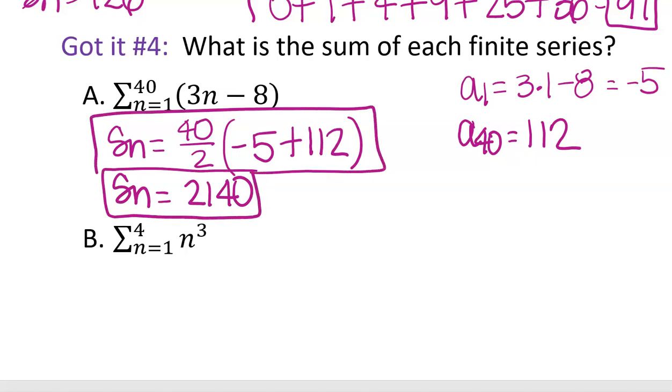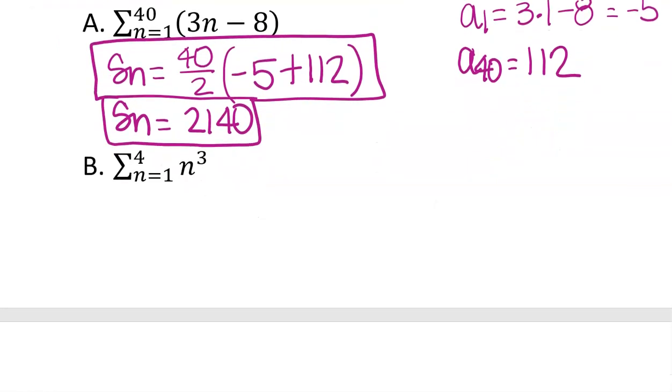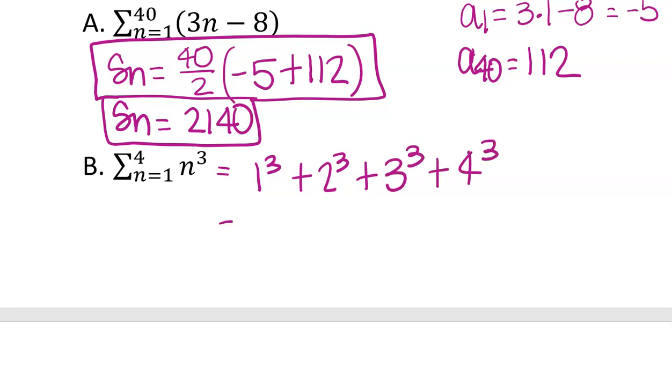Make sure you use your formulas and plug them in accordingly. For this one, this is a short enough little series. Let's just write them down. So the first time through, we're going to plug in a 1. We're going to cube it. I'm going to flip up to the next counter, 2 cubed. The next counter would be 3 cubed. And the last counter would be 4 cubed.